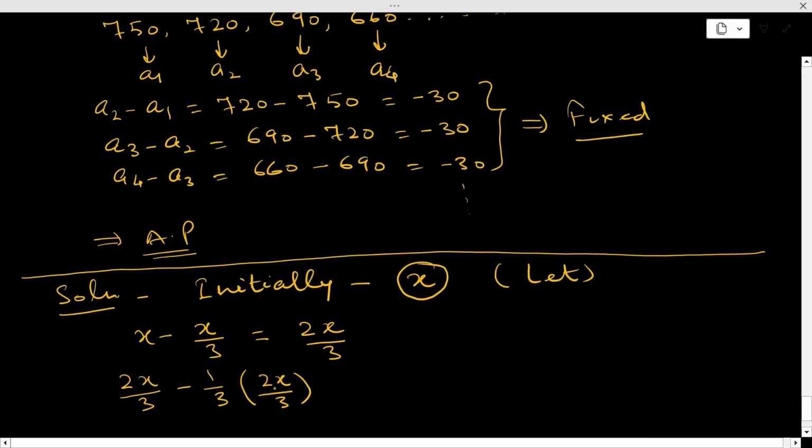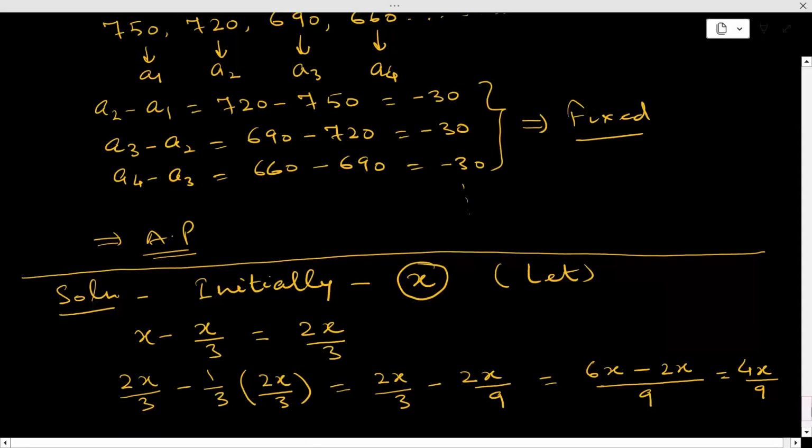So this is 2X by 3 minus 2X by 9, which is 6X minus 2X upon 9. Okay, so this is coming out as 4X by 9.